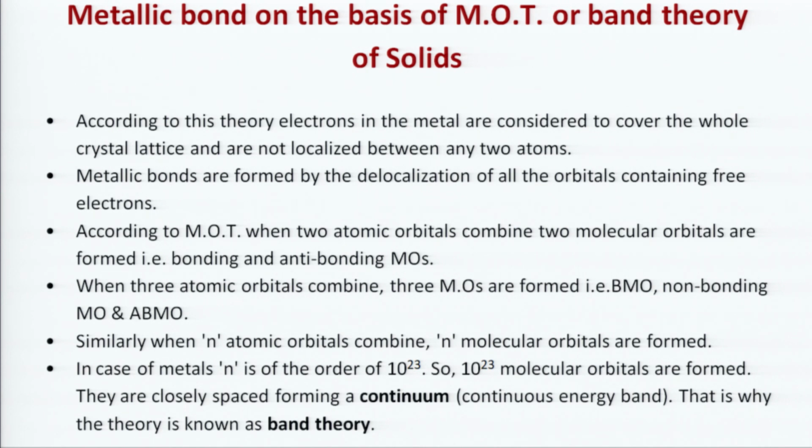In case of metals, n is of the order of, as I said, Avogadro's number, 10 to the power 23. So, 10 to the power 23 molecular orbitals of that order will be formed. They are closely spaced, forming a continuum. So, it appears as if it is a continuous band of energy, and because of this continuum, the theory is known as band theory.